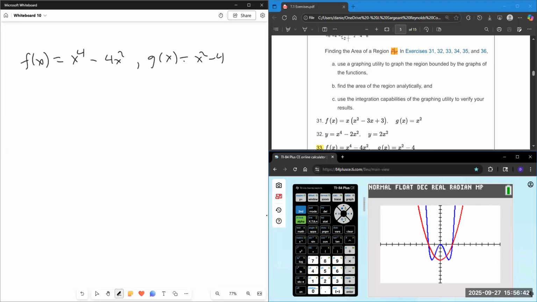So we have two of the little areas, and we have two of the big areas. And so I'm going to use symmetry here.